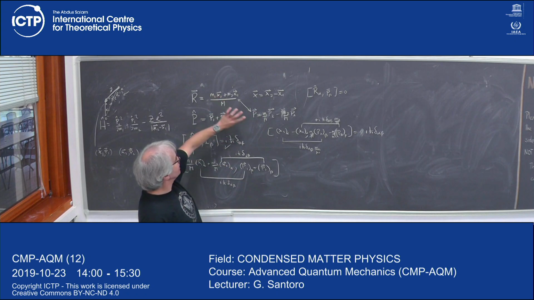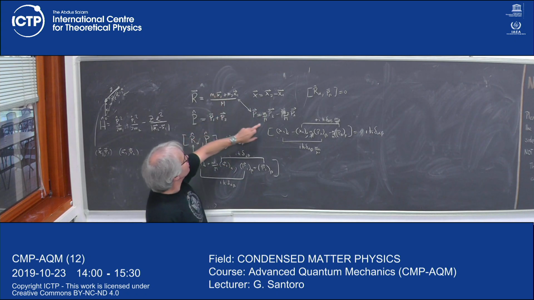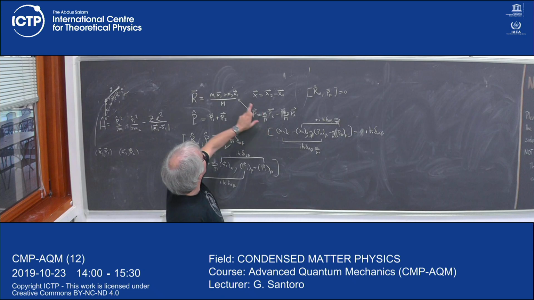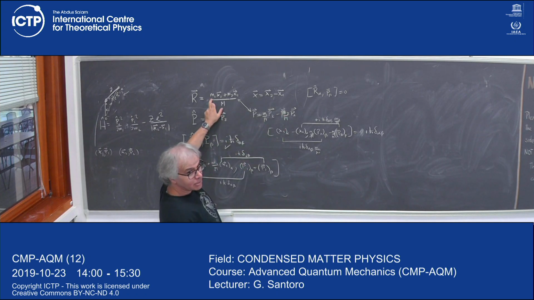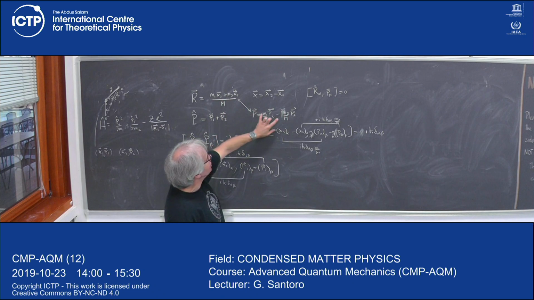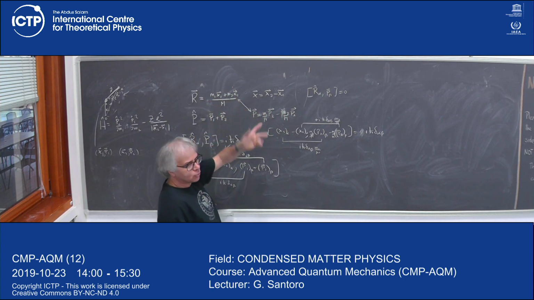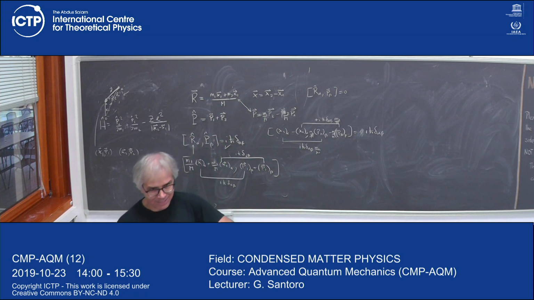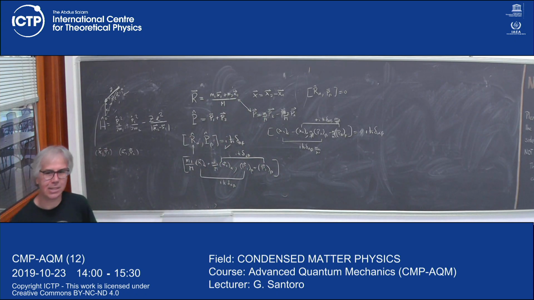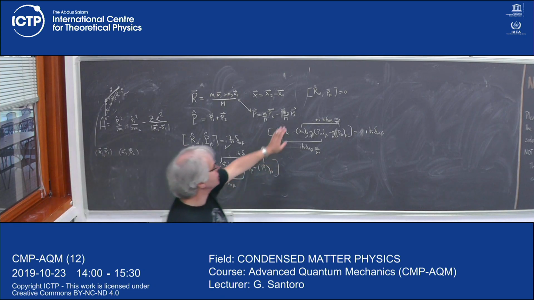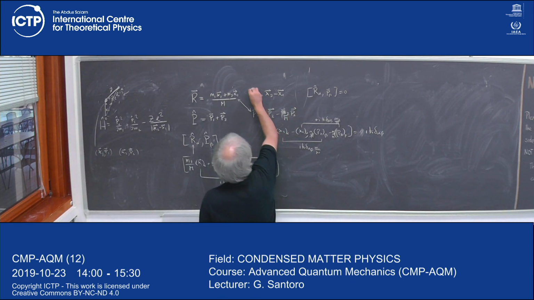Here you get m1 times m2, and in the other you get minus m2 times m1. If you exchange these two, you get m2 squared minus m1 squared, which is not the same thing, okay? So you have to put the coefficients in the right way so that they cancel. Okay, so that's the solution.